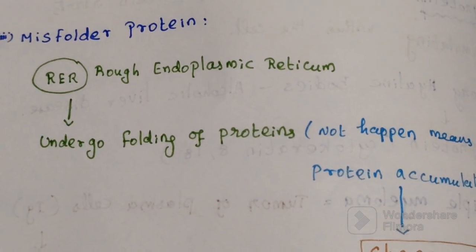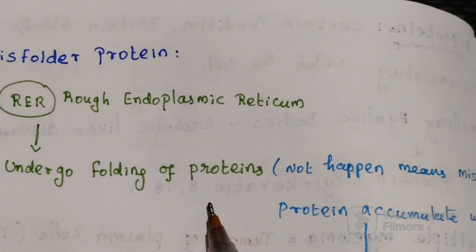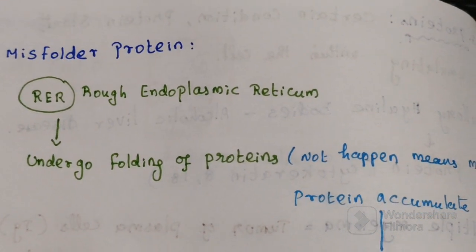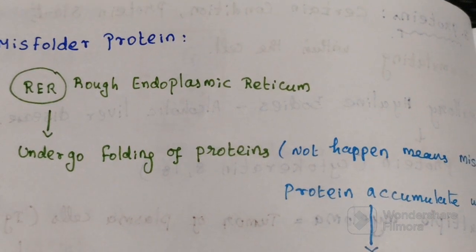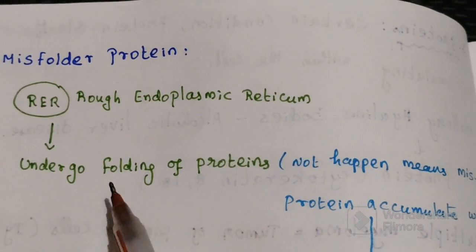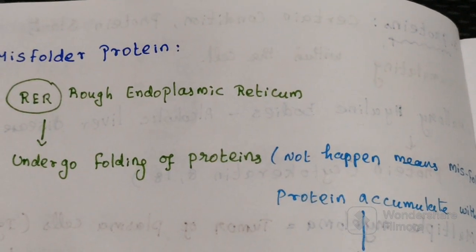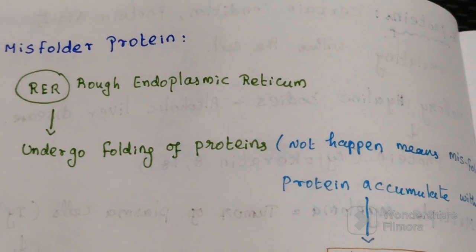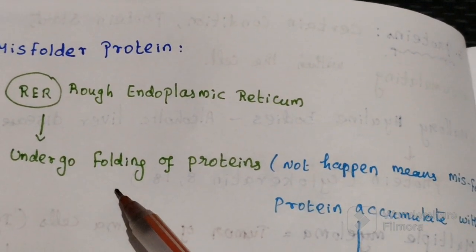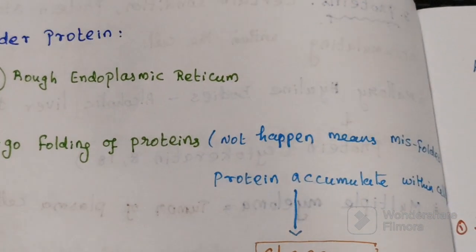Folding of protein is very important. If this folding does not happen, the misfolded protein will accumulate within the cell.